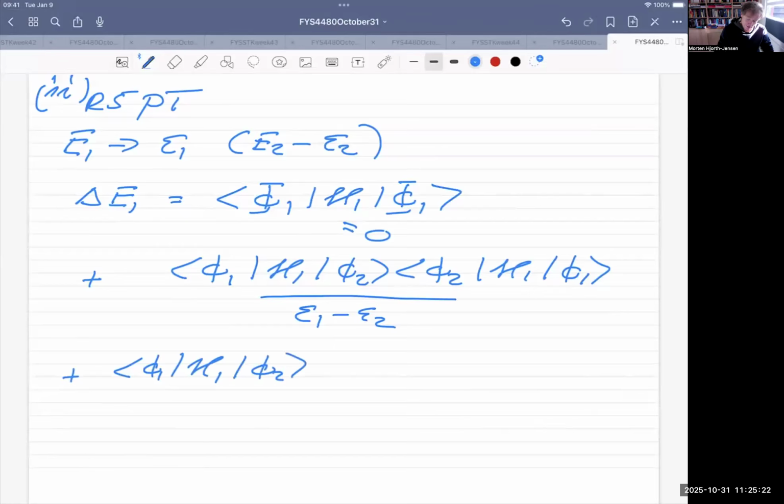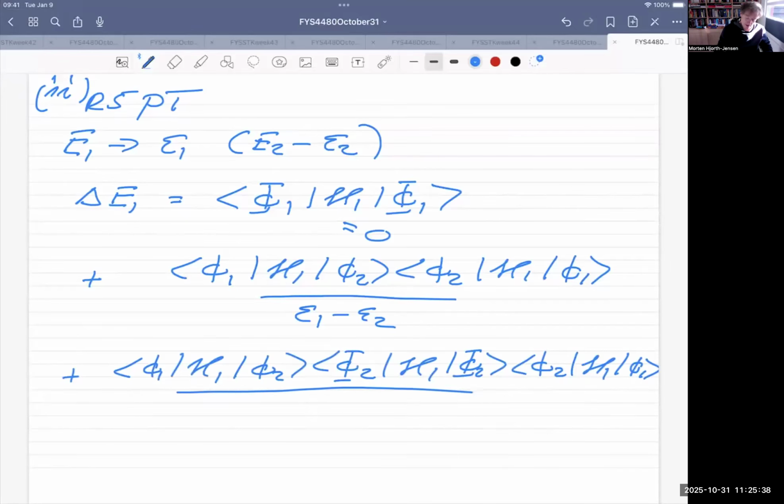So I have phi 2, I get my phi 2 here, and this is a term which will give rise to 0. This is divided by epsilon 1 minus epsilon 2 squared. And we remember again that due to the definition we made of the interacting piece, this is exactly equal to 0.